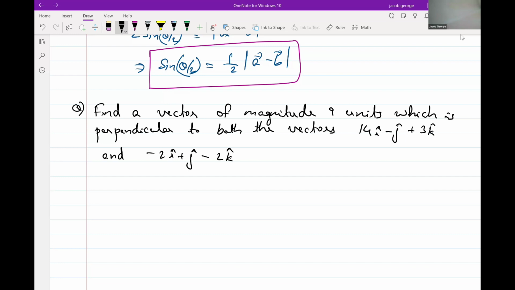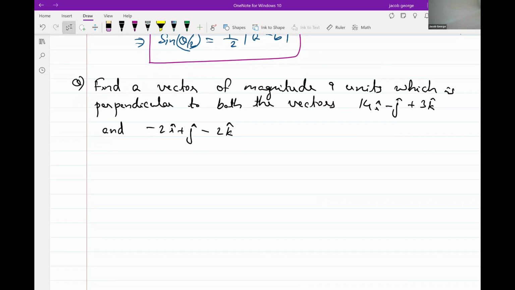Please write. Find a vector of magnitude 9 units, which is perpendicular to both the vectors 14 i cap minus j cap plus 3 k cap and minus 2 i cap plus j cap minus 2 k cap.